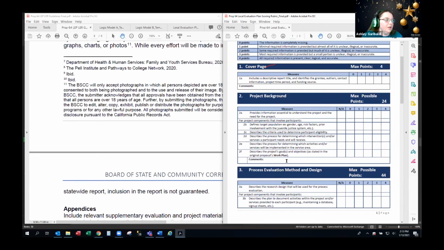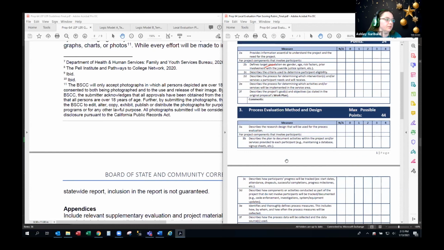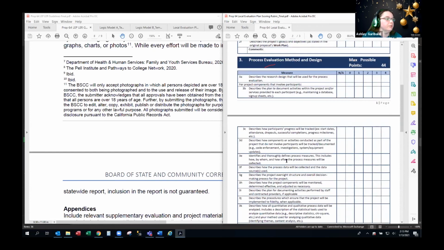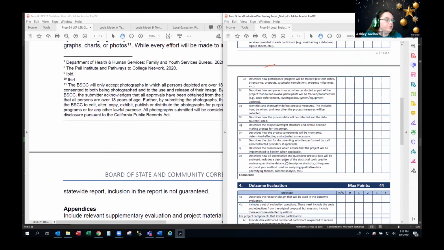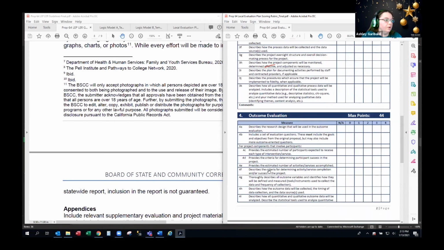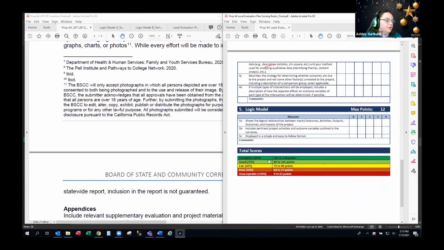So just trying to be a little bit more transparent too with you all so that you know that we're reading through these and the criteria we'd like to get through are all on here. And they pretty much mirror everything, like I said, along the way. So outcome evaluation, logic model, and then these are the total scores that you could get.